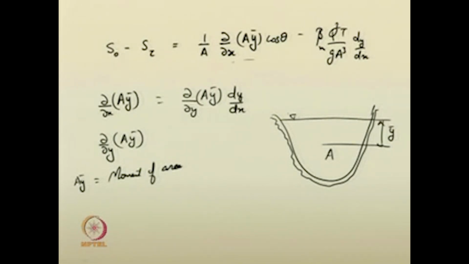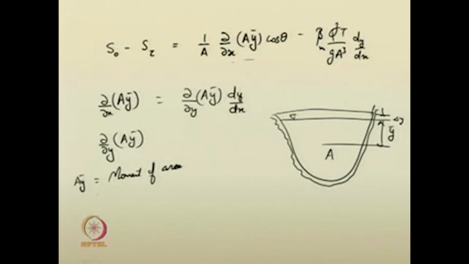If the surface of the water changes, say if it increases by a height del y, then how is that change incorporated in this? That can be used for getting this particular derivative dou by dou y of A y bar.